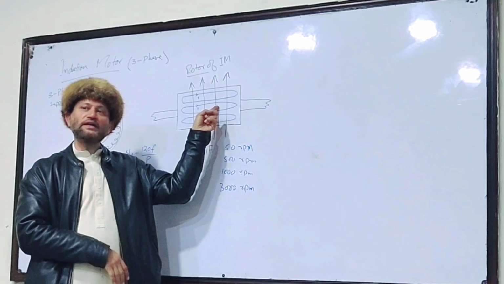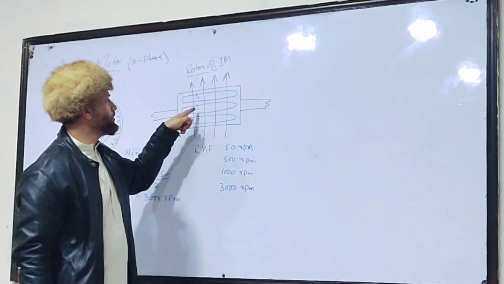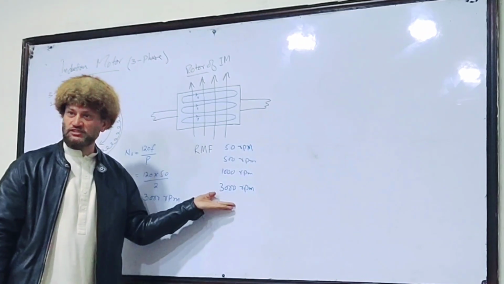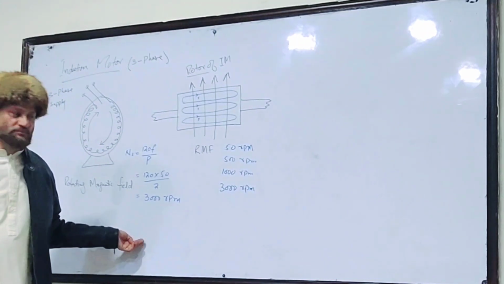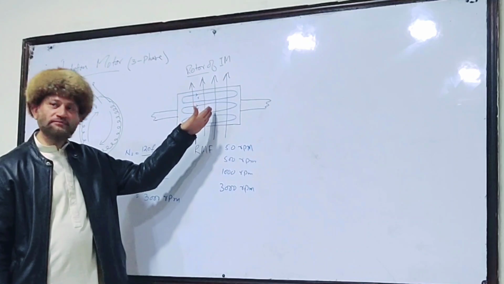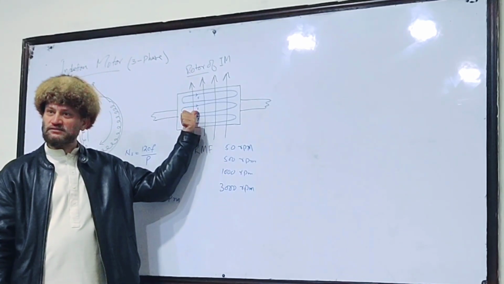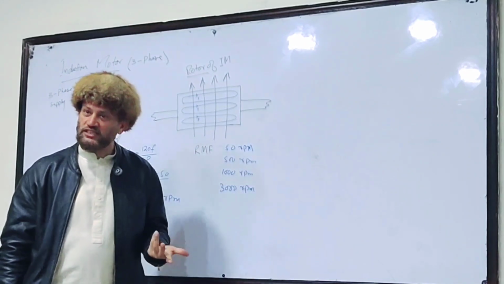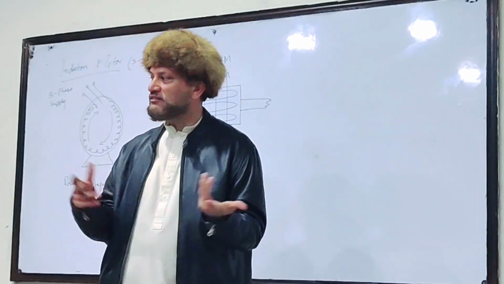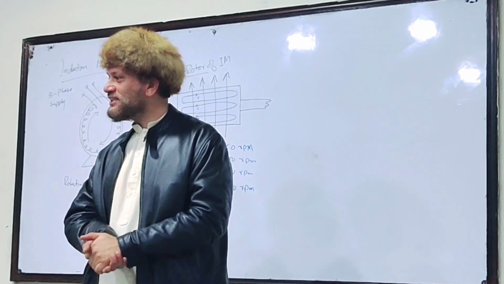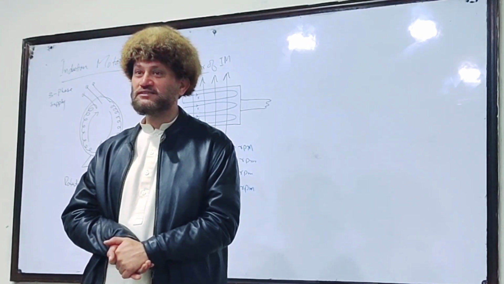There will be no EMF induced in these bars because the rotor speed and the rotating magnetic field speed are the same. No EMF is induced, so no current will flow in these bars, and when there is no current through these bars there will be no force on these conductors or bars.